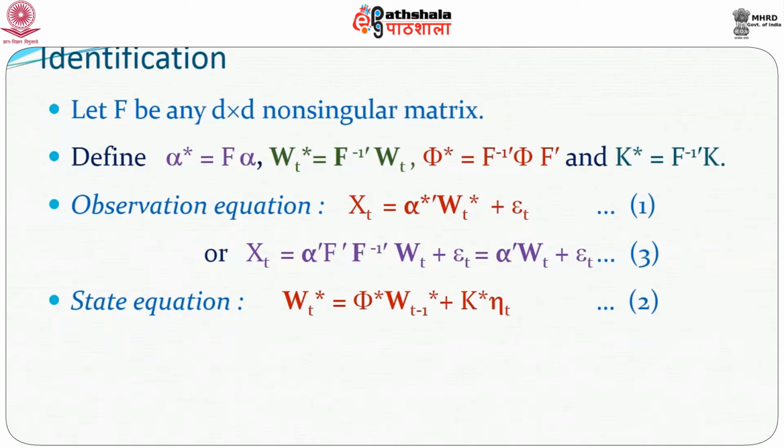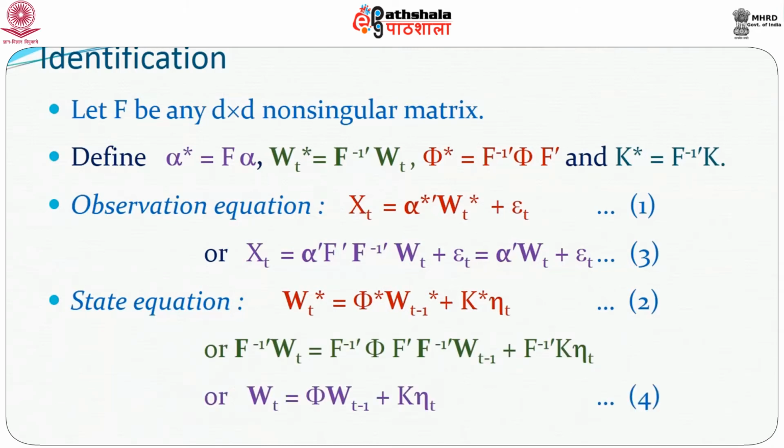Remember that nothing in this equation is observed. So if you write it in terms of this Wt star, it's fine, but if we substitute the values again, we find that we can write the same equation equivalently as Wt equal to phi Wt minus 1 plus K eta t. We will call this 4.